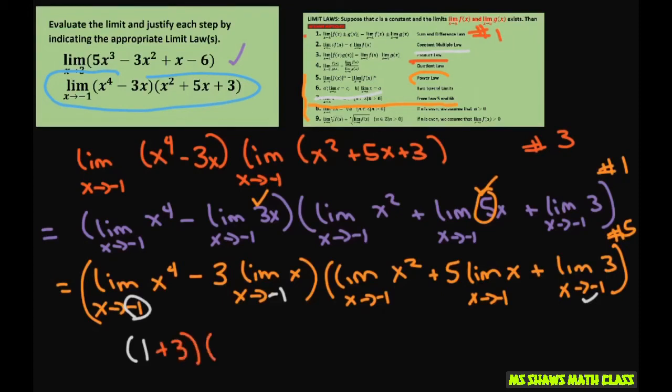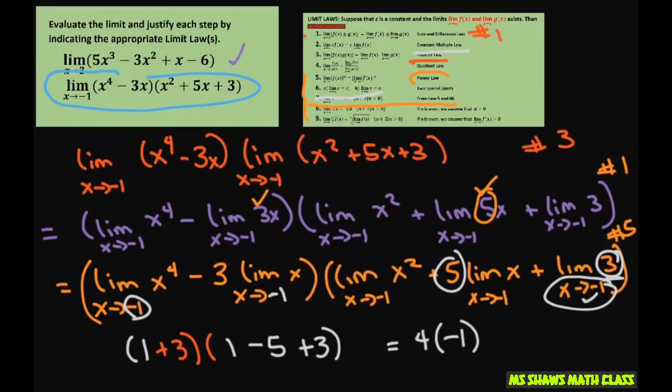Now this one's going to be -1 squared is 1, minus 5, because it's going to be 5 times -1, plus 3. For this one, if this is just a constant, you just write that constant down. That's like the horizontal line we do. So this is going to give you 4 times -1, which equals -4.